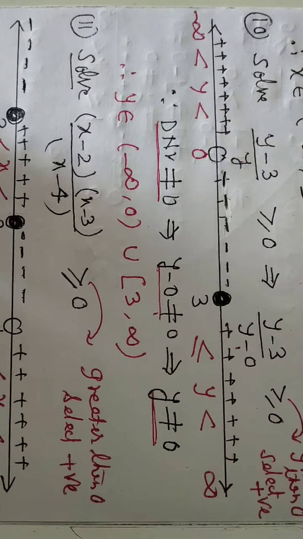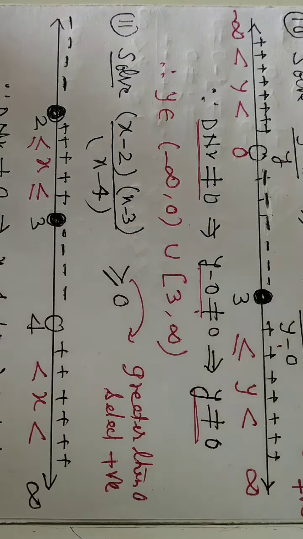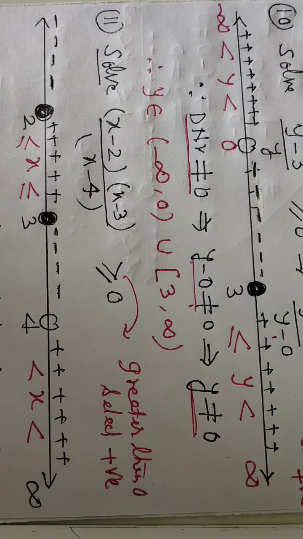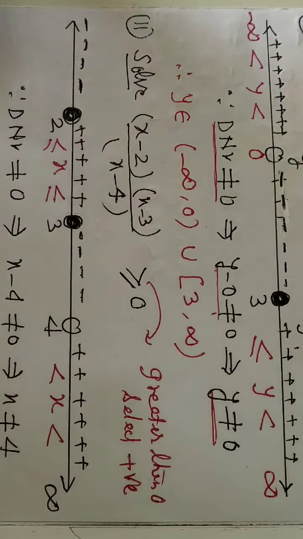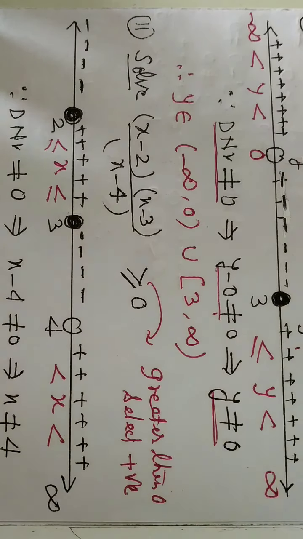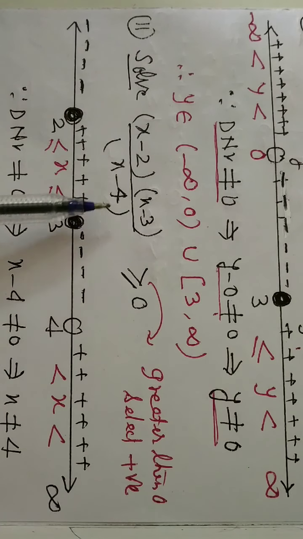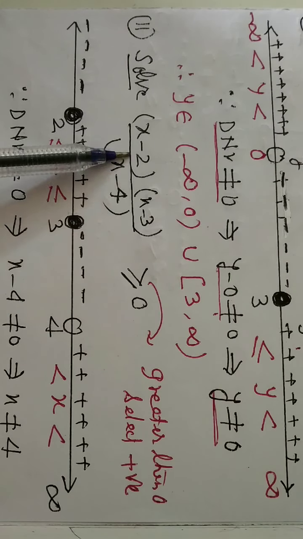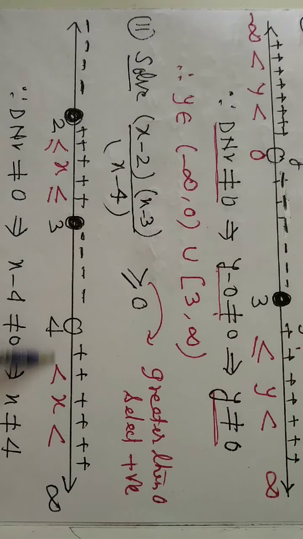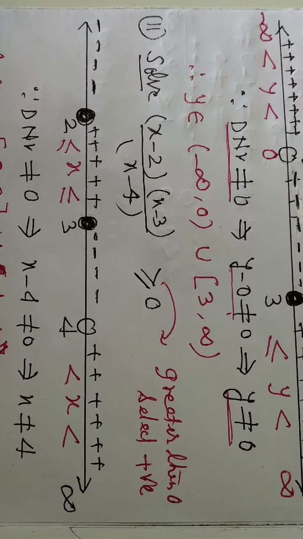Now 11th number. Solve the inequation with 3 factors. The 3 points are displayed on the number line: minus 2 becomes 2, then 3, 4. 2, 3, 4 have been displayed on the number line.